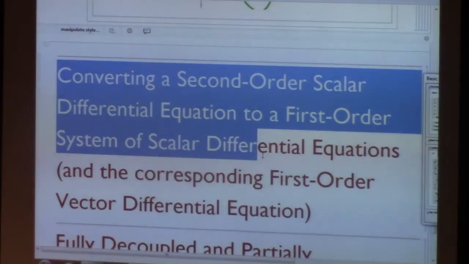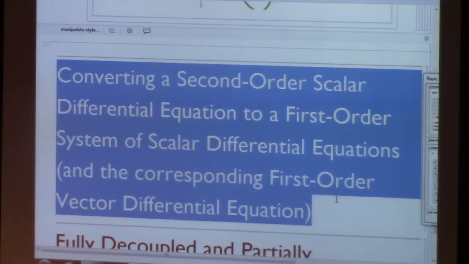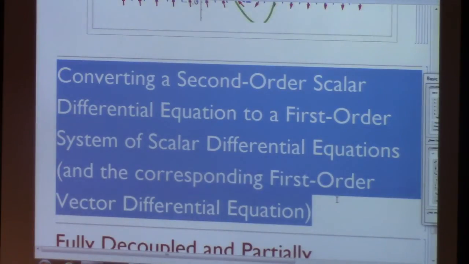So we just did this converting for this example. We also could write the differential equation in vector form, by the way.